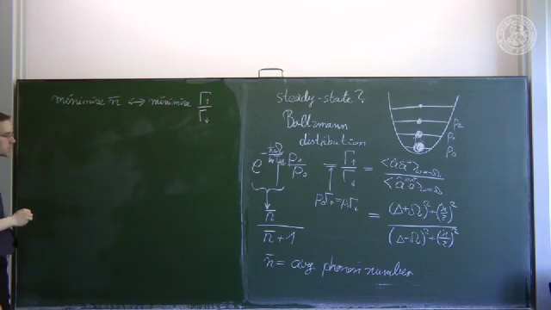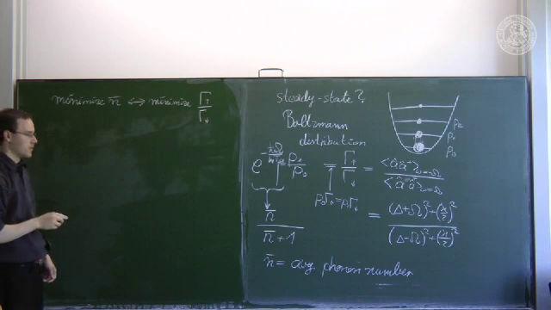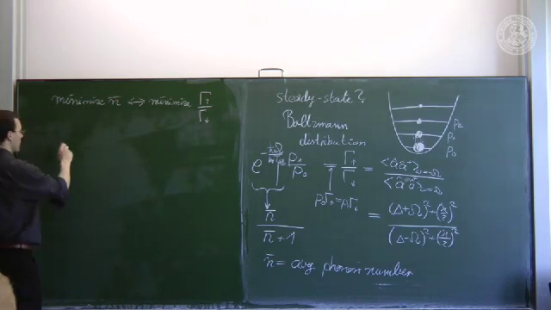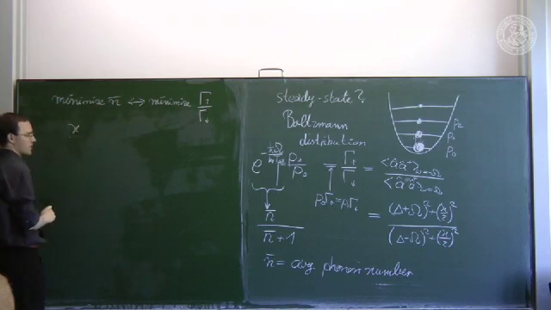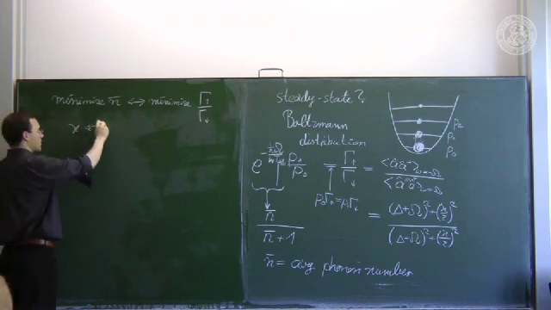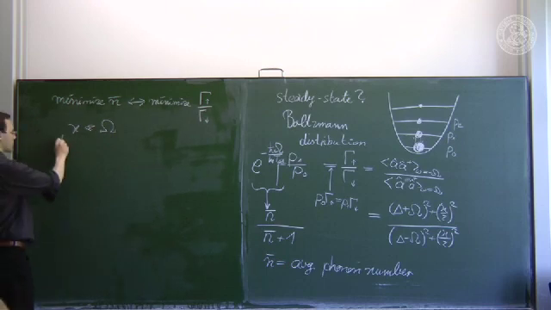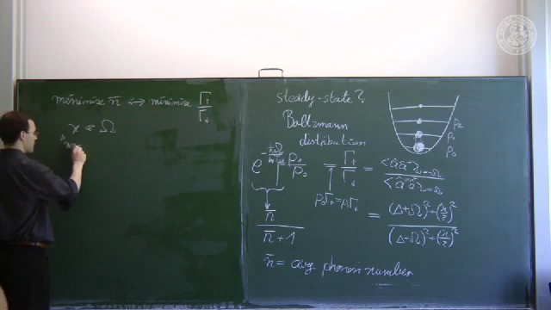So let's pick a regime which will turn out to be the relevant one anyway, which is when kappa, the optical decay rate, is really much smaller than the mechanical frequency. And that is a regime which we already discussed once, that is called the resolved sideband limit.